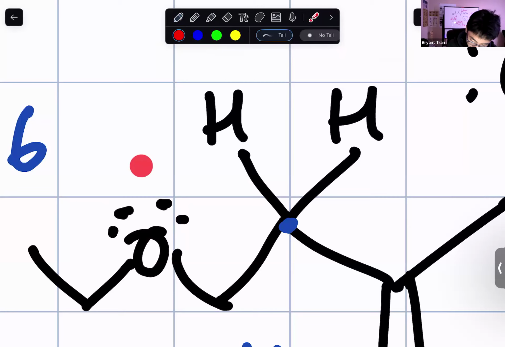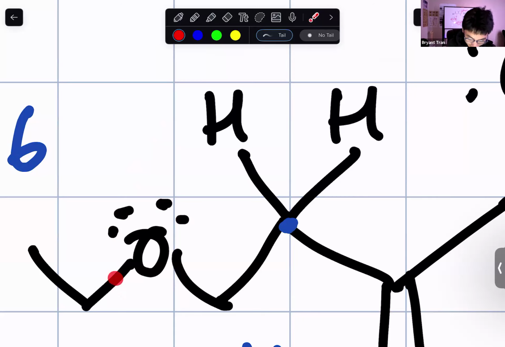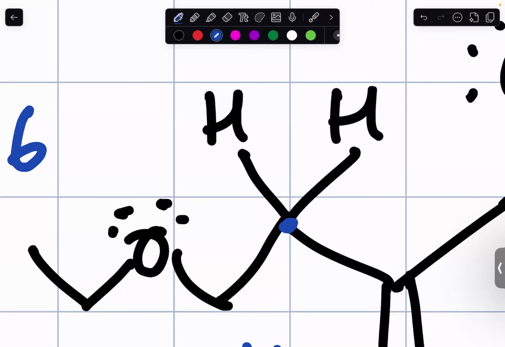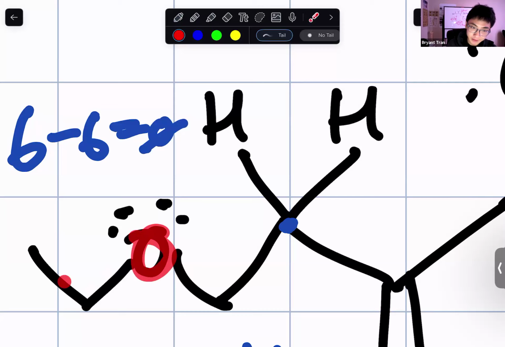How many electrons do you see that this oxygen has to itself right now? 4. 1, 2, 3, 4, and there's more here because you count the bonds too. You count the bonds as 1 because the other electron belongs to this carbon right here. So 6 minus 6 is 0, which gives this oxygen a neutral charge.